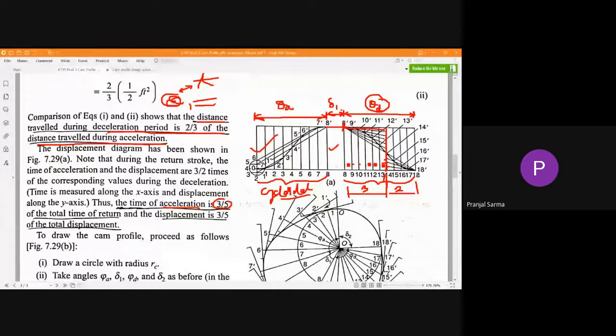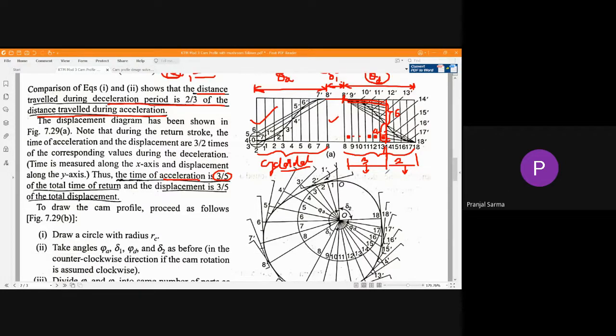Here we'll have 6 divisions and here 4 divisions, just like here we have got 6 and here 4. Same case here, 6 and here 4. This is how the displacement diagram is drawn if the stroke is not 50-50.